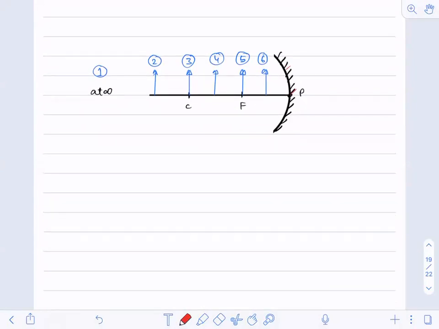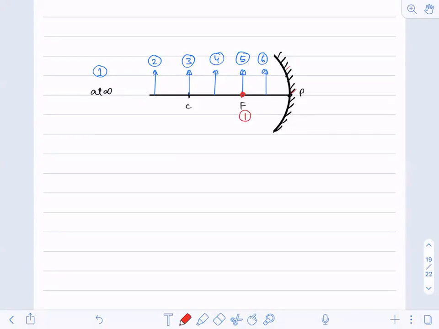Now just see where the images will be formed. Starting from the first case, where was the image formed? Was it at focus? Yes. So this is the image of the first object, at focus.